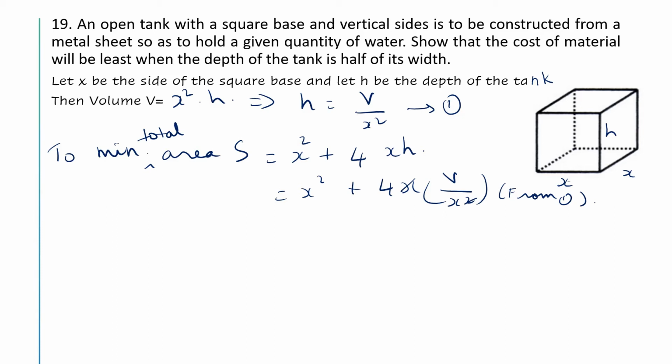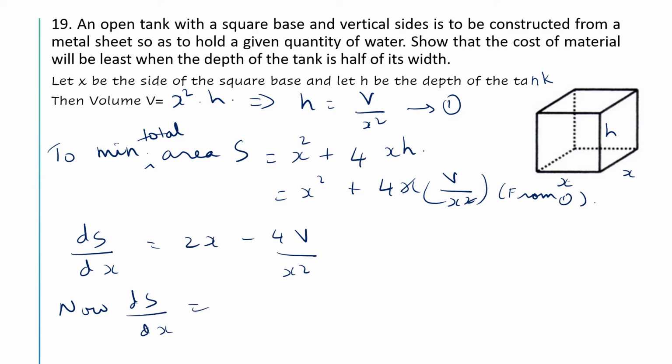Now let us find dS by dx. It is equal to 2x minus 4V by x square. We know that at the critical points dS by dx equal to 0, which means 2x minus 4V by x square equal to 0.